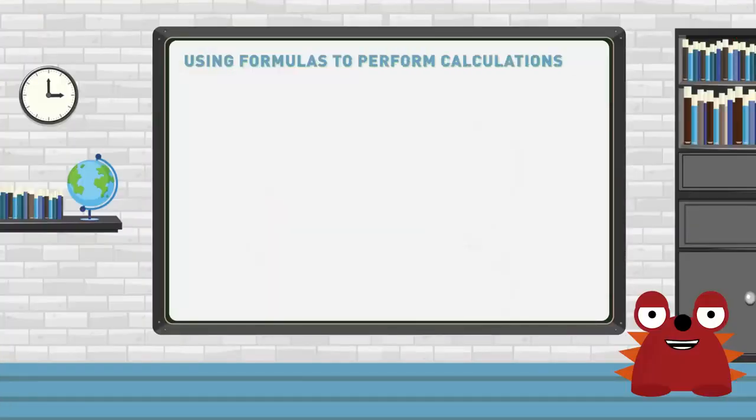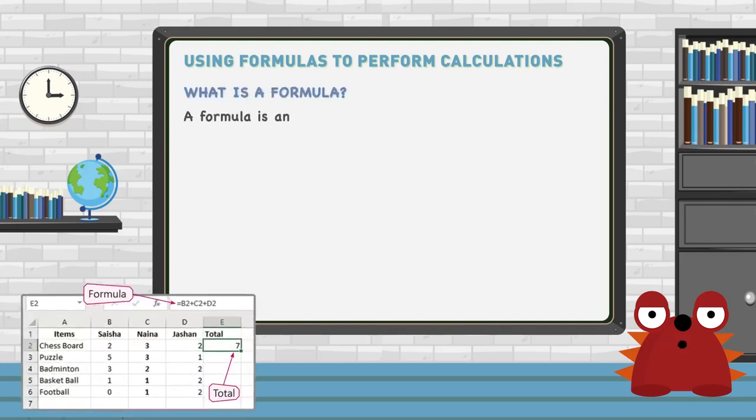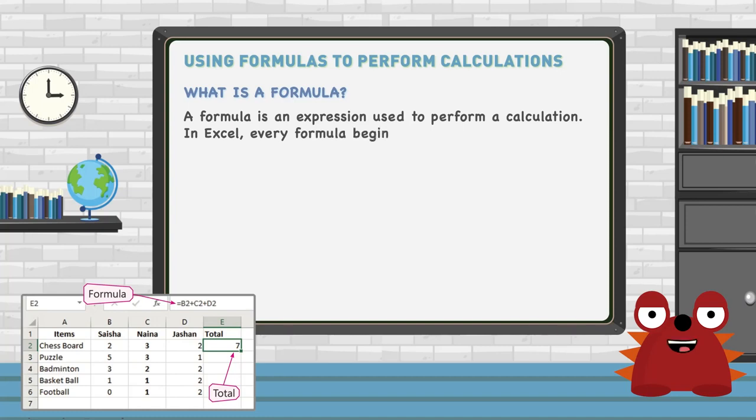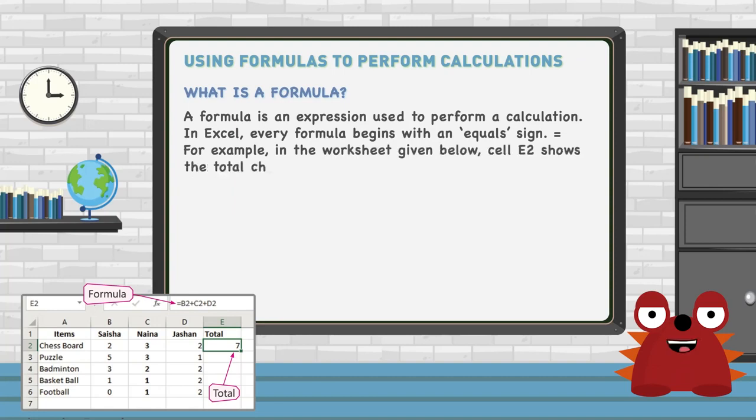Lastly, students, let's learn about using formulas to perform calculations in Excel. But what is a formula? A formula is an expression used to perform a calculation. In Excel, every formula begins with an equal to sign. For example, in the worksheet given below, cell E2 shows the total chessboard with Saisha, Naina and Jashan.